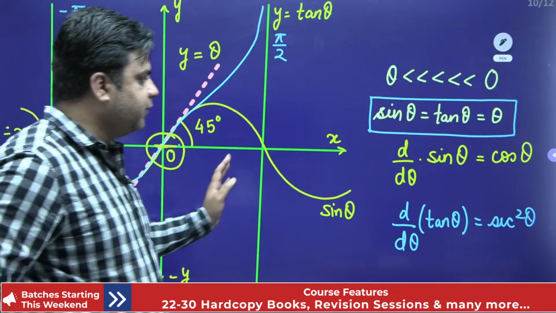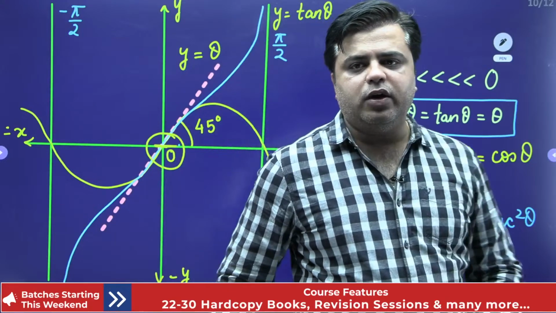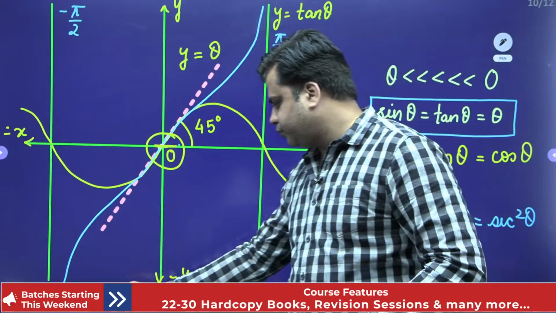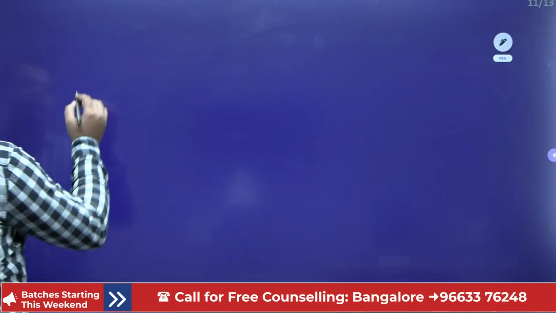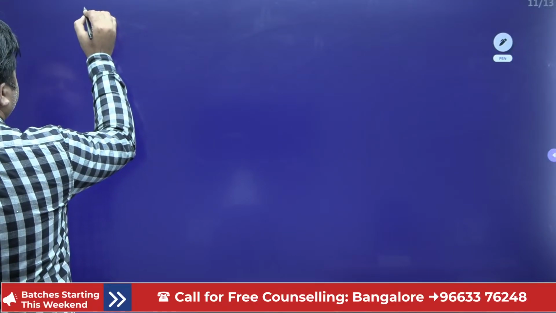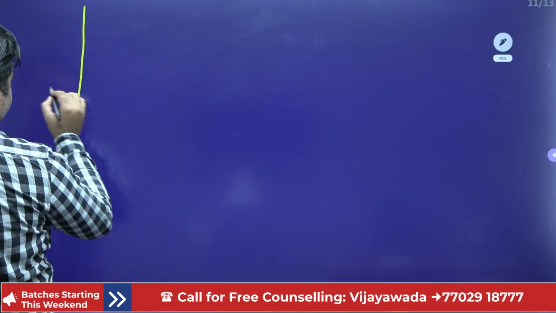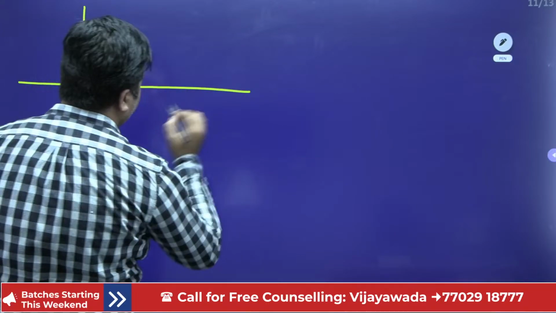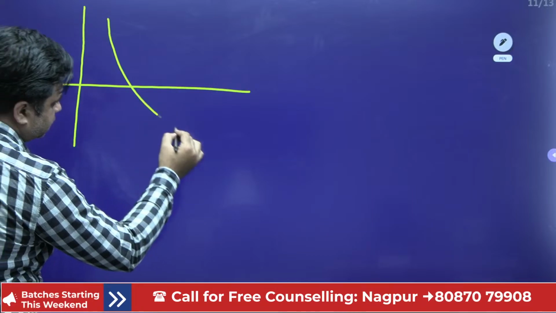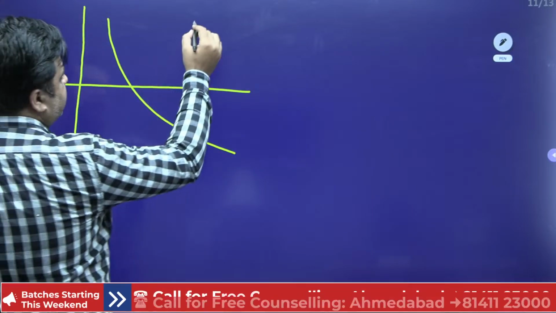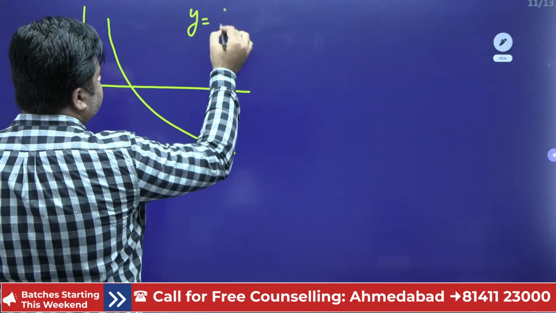Okay, so this is one part of the curve. Moving on to another part. Suppose you have a function like this, right? This is the function y equals f(x).